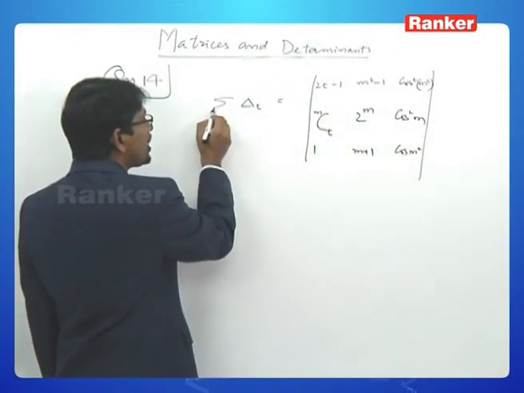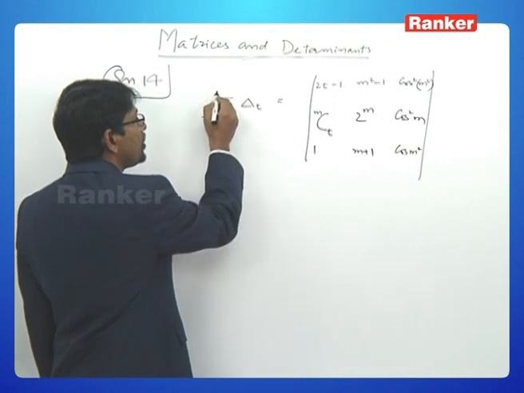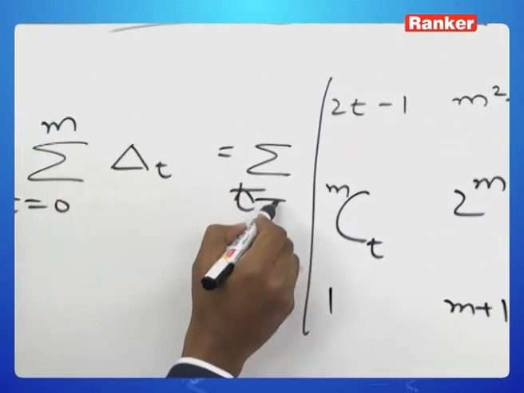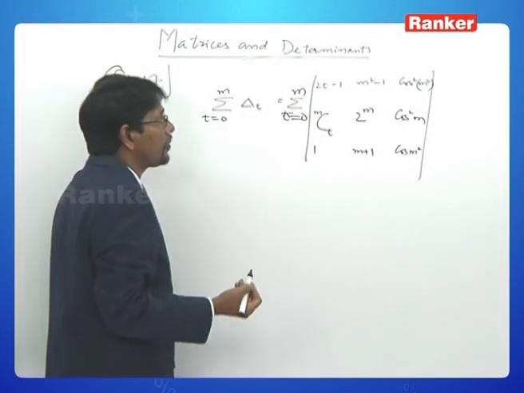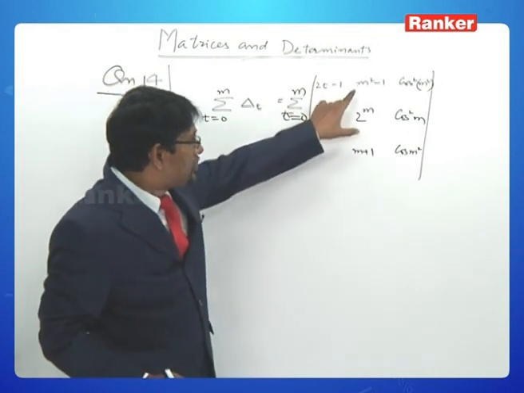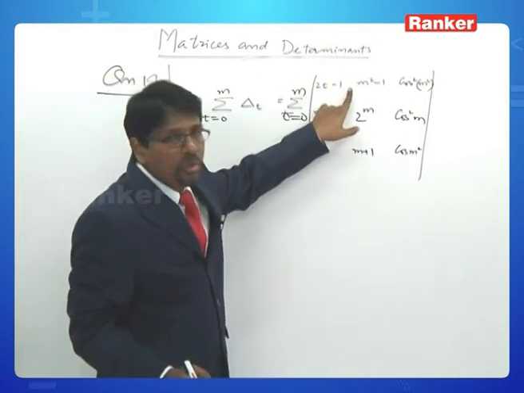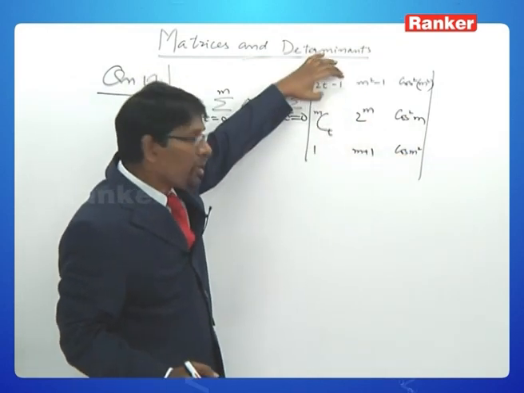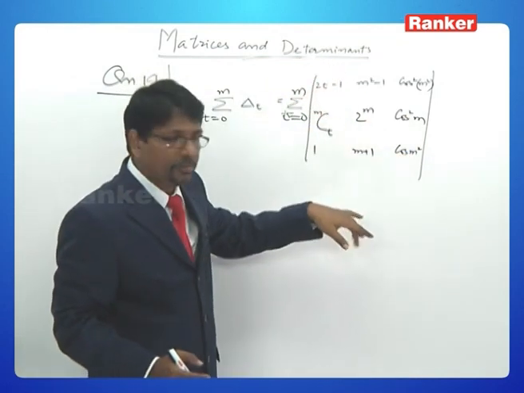We wanted sigma delta t, t ranging from 0 to m. Again, we observe that the second column and the third column are independent of t. So what is varying with t is the first column only.